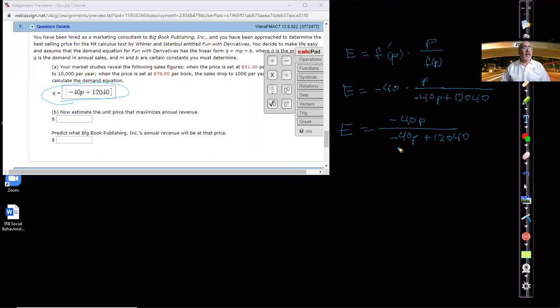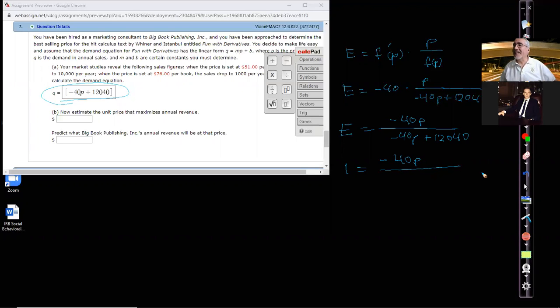What we want to do is we want to find where that is equal to 1. Are we okay so far? Anyone can chime in? Yes. Okay, good, thank you.